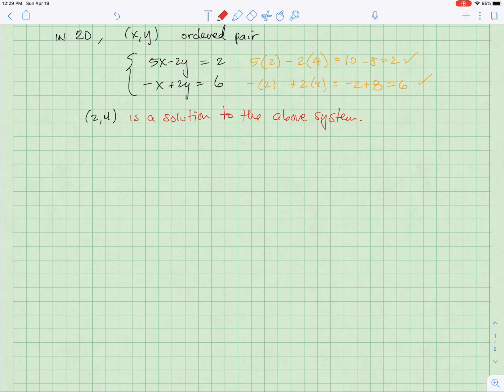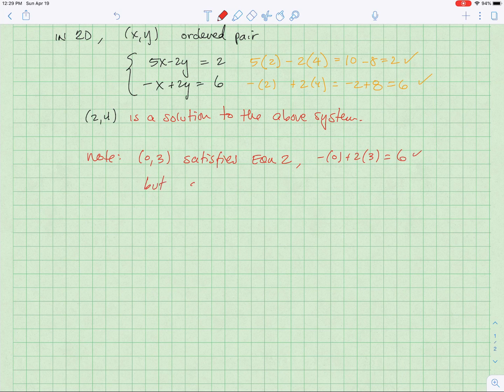We also want to note things like this. 0 comma 3 satisfies equation 2. That is to say, negative 0 plus 2 times 3 is equal to 6.